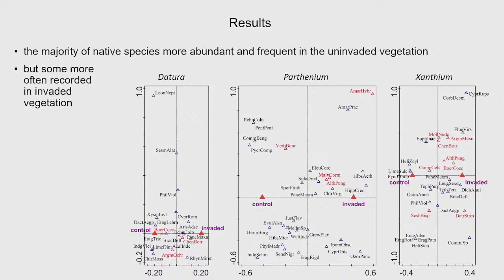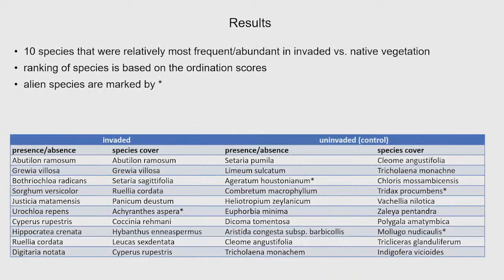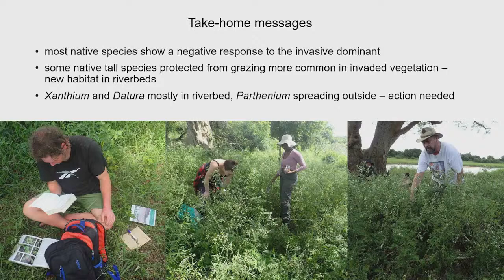On the other hand, some of the native species were more common, meaning frequent or abundant, in invaded sites. It was probably because the habitat of invaded sites was structurally different, and these species could be protected from grazing and so on. That's just the overview of the species that were more common in invaded or uninvaded sites.